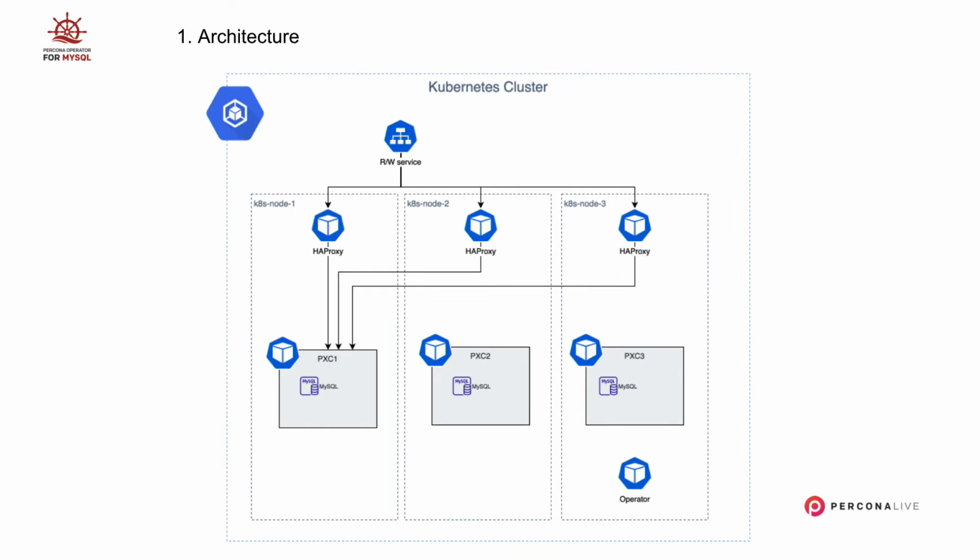So one of the services that you will have is the read-write service, and it will actually go to the HA proxy layer, and then this HA proxy will redirect all the traffic to the first available node in the cluster. Theoretically, in Percona XtraDB cluster, you may write to all the nodes in the cluster because it's a multi-master solution.